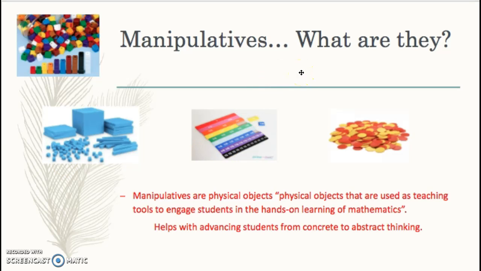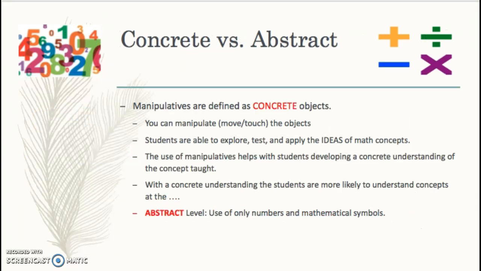I'm going to go into what manipulatives are. They are physical objects that are used as teaching tools. These are hands-on learning objects in mathematics. They help with moving the students from concrete thinking to abstract thinking, which is why we're going to go into explaining the difference between concrete thinking versus abstract.